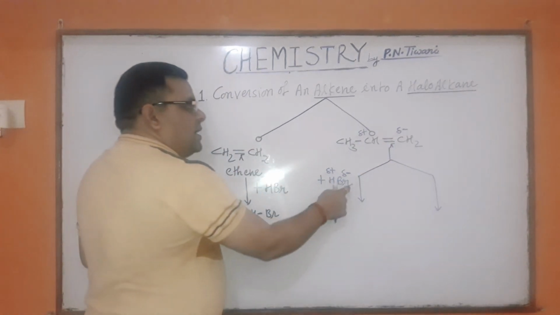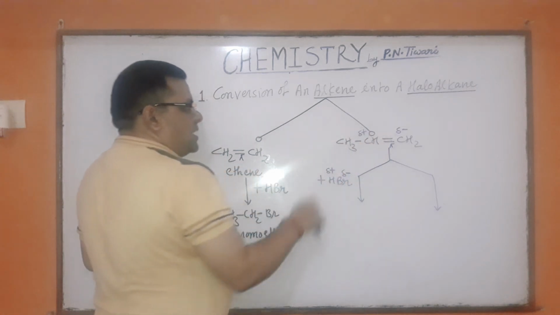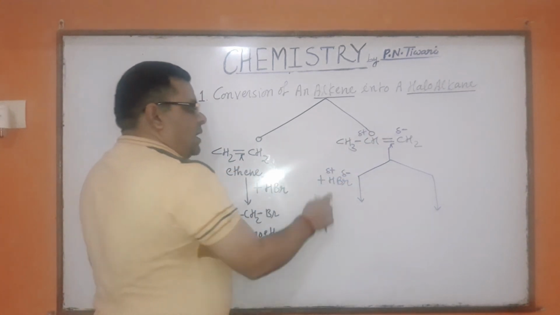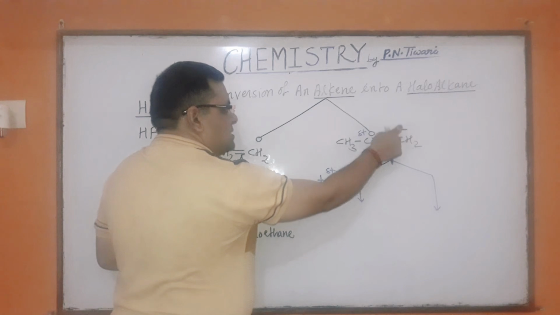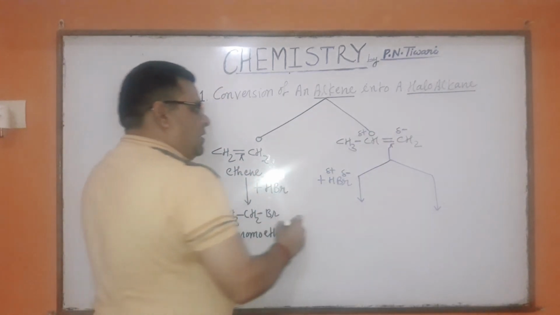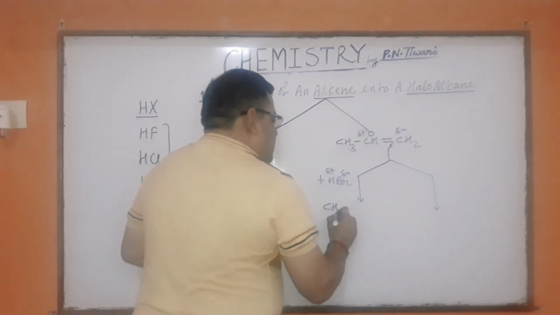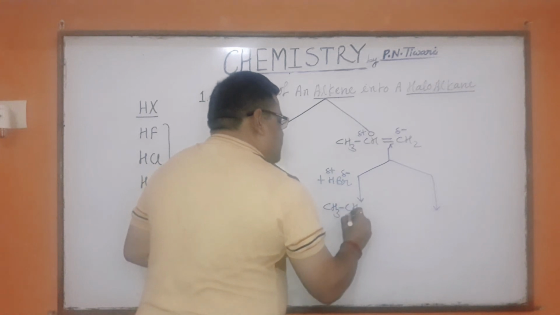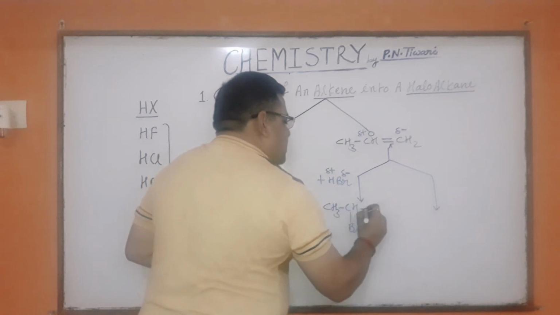So suppose this bromide ion combines with this partially positive charged carbon and this H positive ion combines with this negatively charged carbon, then it will give CH3CHBrCH3.